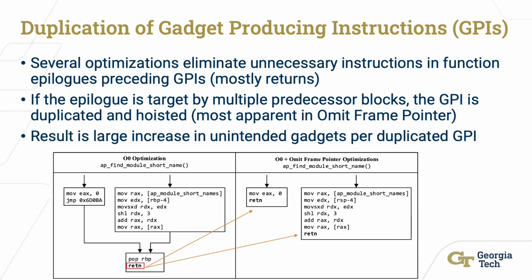If the function epilogue is targeted by multiple predecessor blocks, after the instructions are eliminated, the GPI is duplicated and hoisted to the end of each predecessor block in order to save a small amount of code space and the execution of a direct jump. Unfortunately, this results in a large increase in the number of unintended gadgets, because each GPI is a termination point for multiple gadgets that can be interpreted by the stream of bytes preceding each GPI.